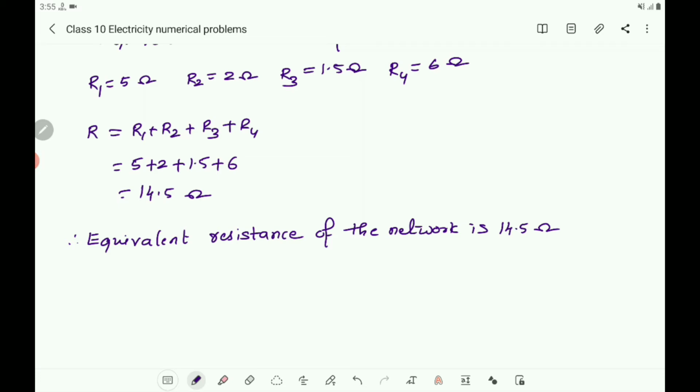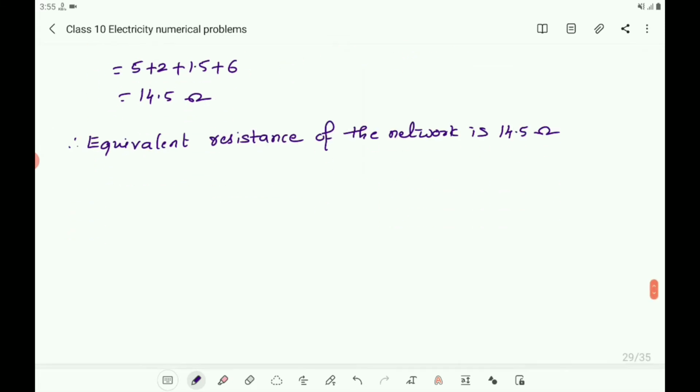So we got that the equivalent resistance of the network is 14.5 ohms.